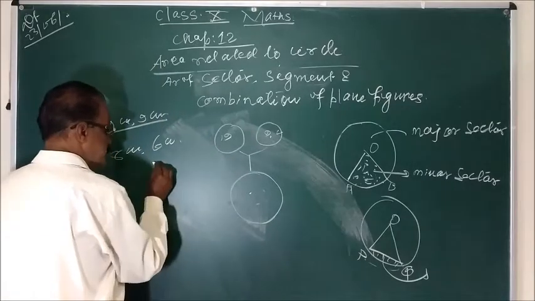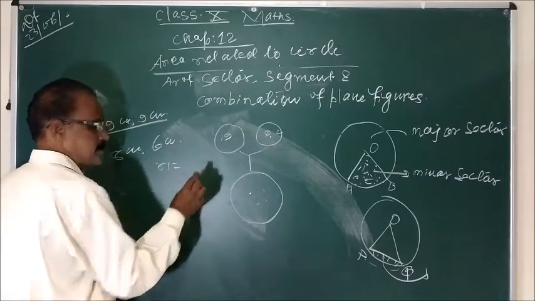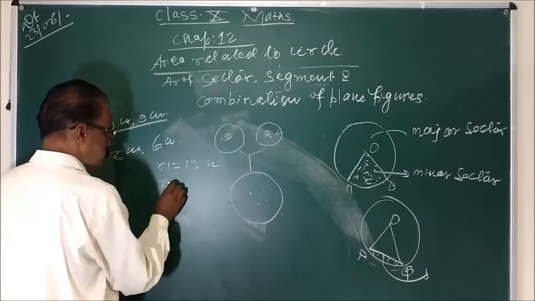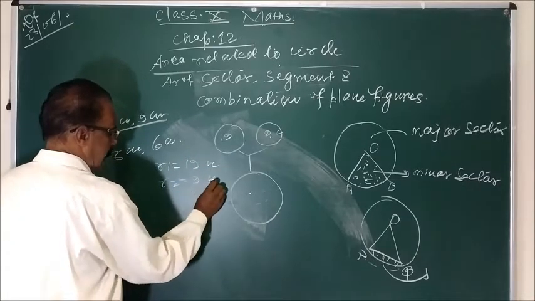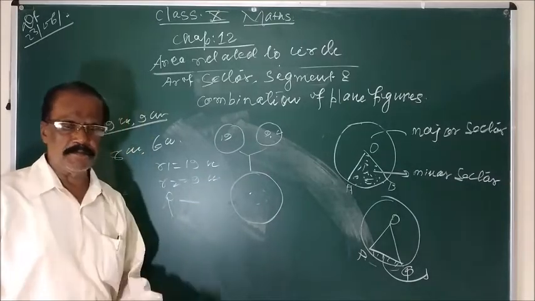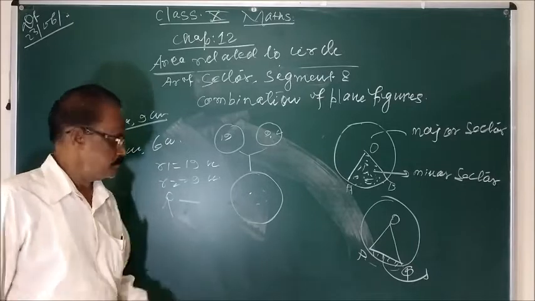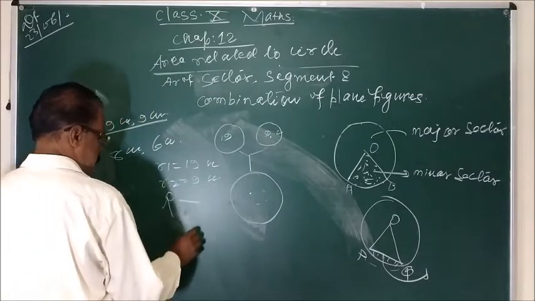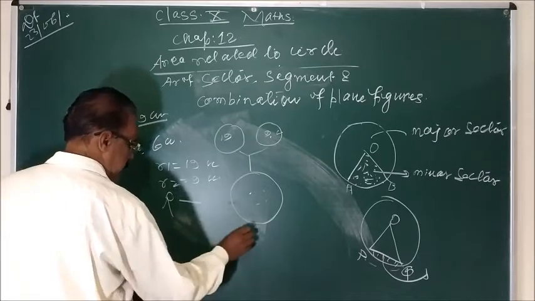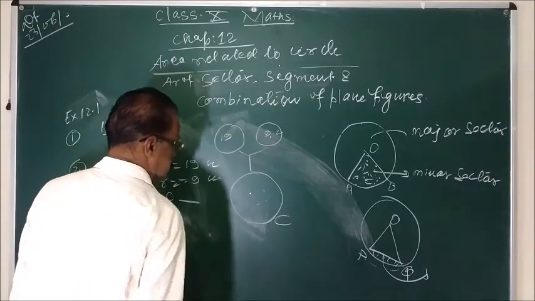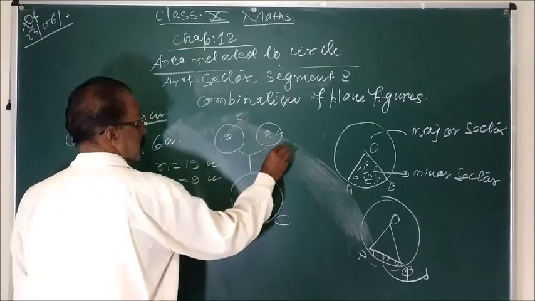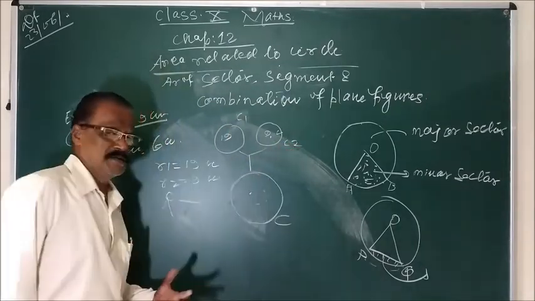Now suppose this is R1 from the various point of view. So R1 is 19 cm, R2 is 9 cm, and this is the capital R, the radius of the circle which you have to find out. Now you see the circumference, suppose the circumference of this bigger circle is C and these are C1 and C2.